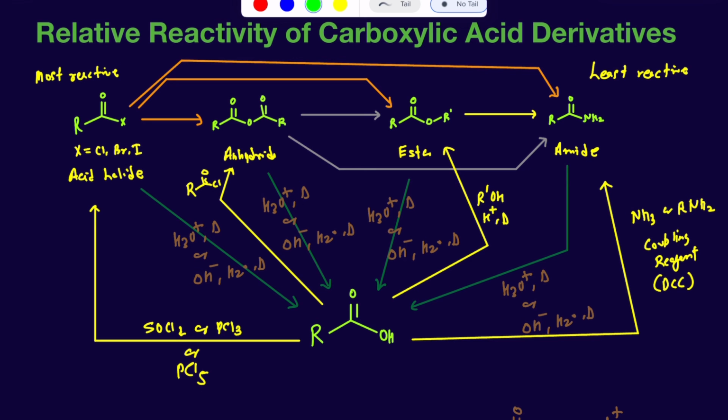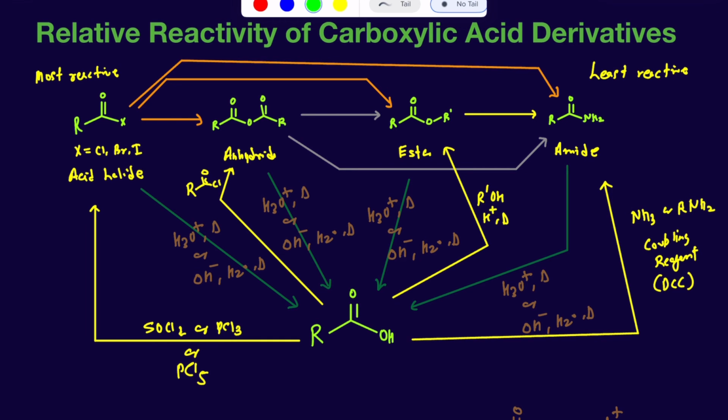In the case of NH3, the problem is that NH3 is also a base, so it has the potential to deprotonate that. So you first add the coupling reagent. What coupling reagents do is react with this oxygen and eventually make this site a good leaving group before the amine steps in to do the nucleophilic attack on that carbon.